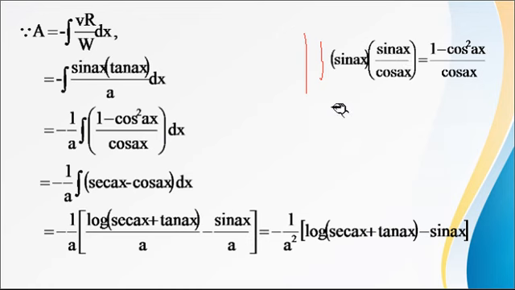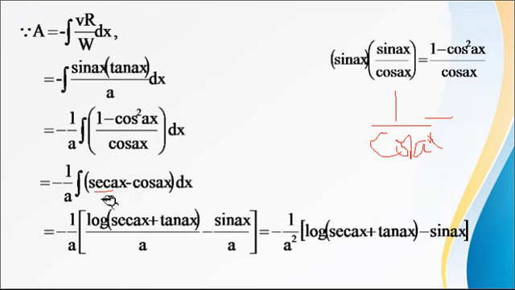So separate this, 1 upon cos ax minus cos square ax upon cos ax. 1 by cos means sec ax minus 1 cos square, 1 cos will get cancelled, so remaining is cos ax.